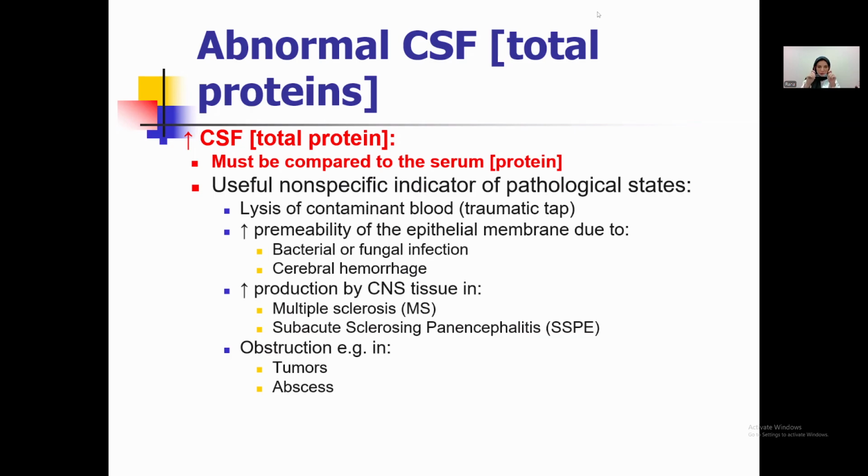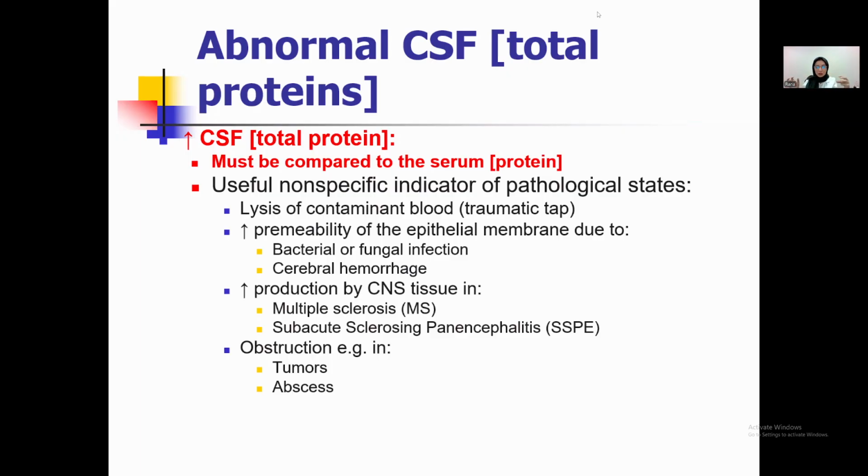Also, there is increased production by CNS tissue, like multiple sclerosis, and we'll talk about it now, or subacute sclerosing panencephalitis, we call it SSPE, or obstruction due to tumor or abscess. So if you have a high protein in the CSF, either more is entering, or there is an obstacle preventing it from being excreted, or there is local synthesis.